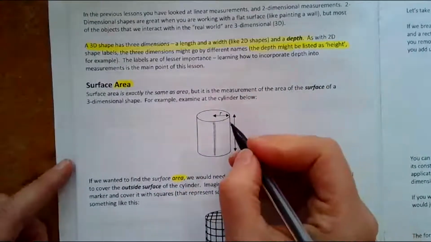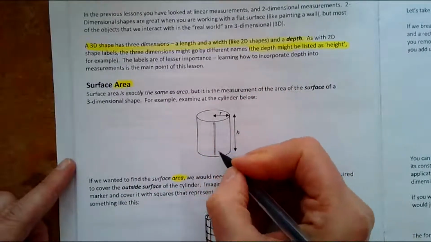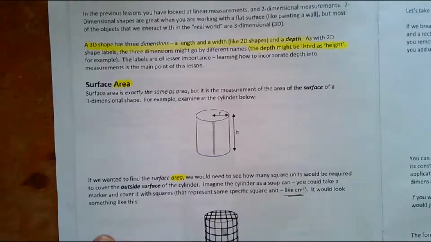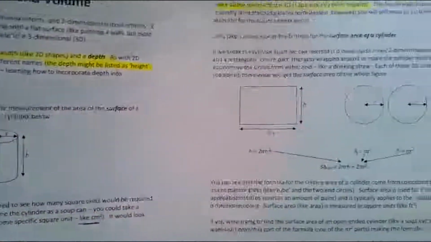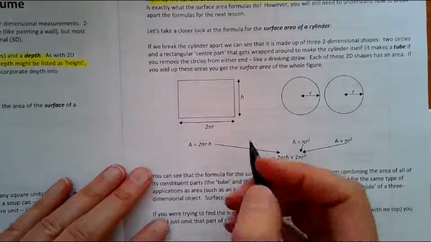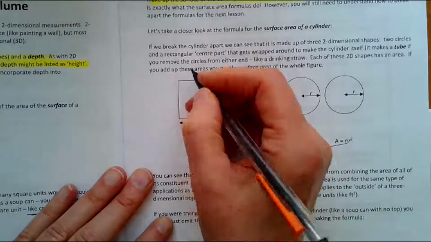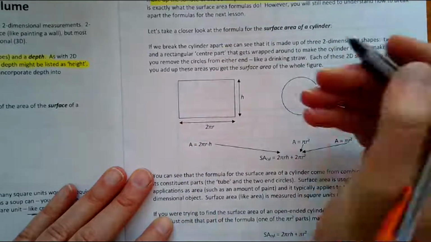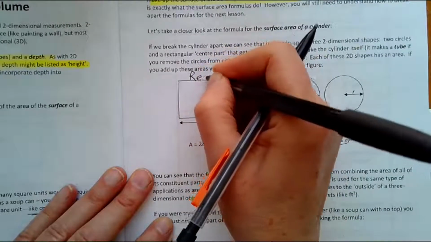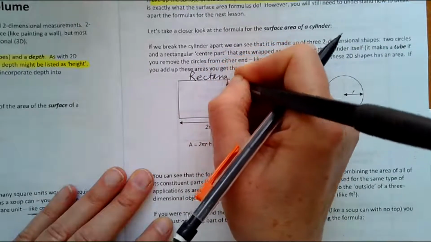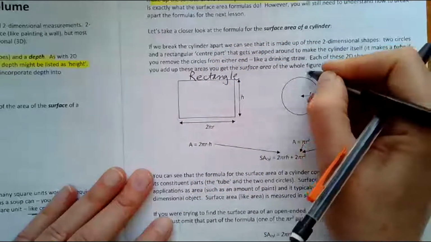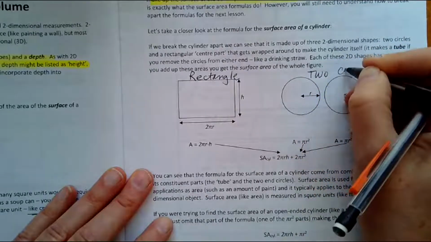Now, if I took off all those seams, like if I cut all those seams apart, what I would be left with for the shape of a cylinder is, if I unrolled the tube, I'd be left with a rectangle and two circles.